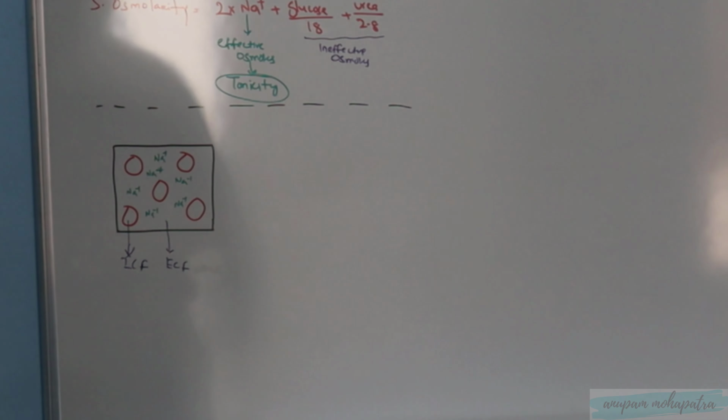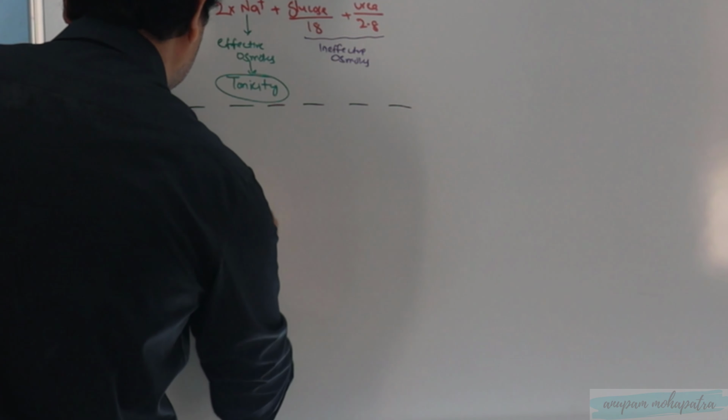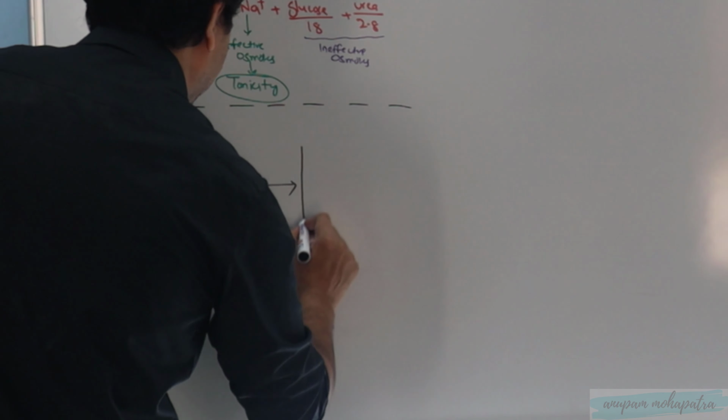Now what happens when there is hyponatremia? Now we have 5 cells, and sodium is reduced. Let's say we have very few sodium left. Now what will happen?